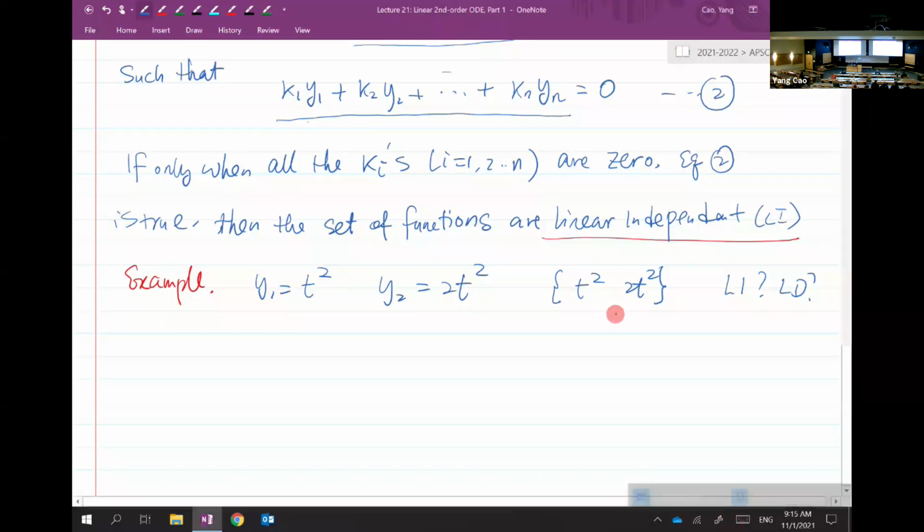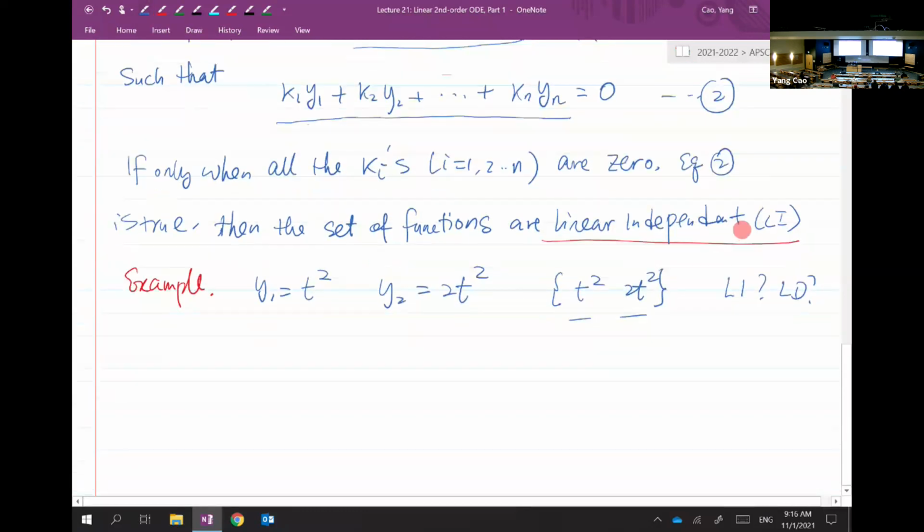So if you look at the two functions here, they're asking, are the two functions dependent or independent? You can think in terms of that perspective. This is t squared, this is 2t squared. Look at that, they're like brother and sister, so they must be dependent on each other. But of course, we want to formally prove this, so we can use theorem number 2.